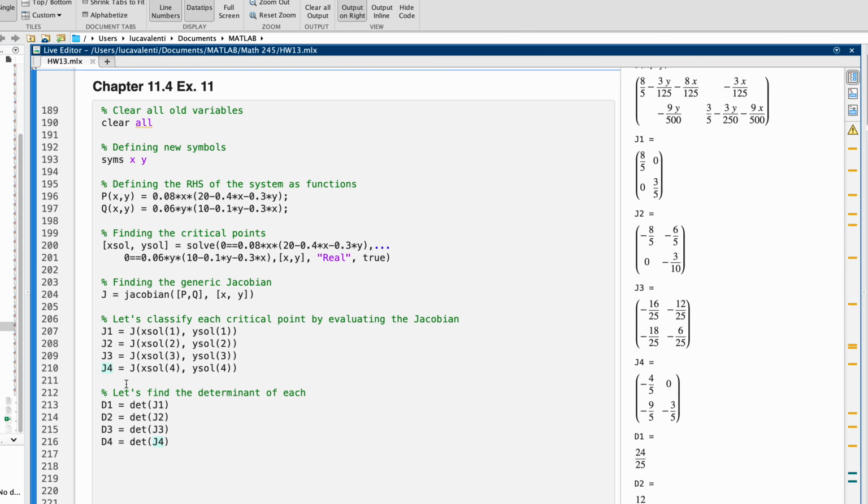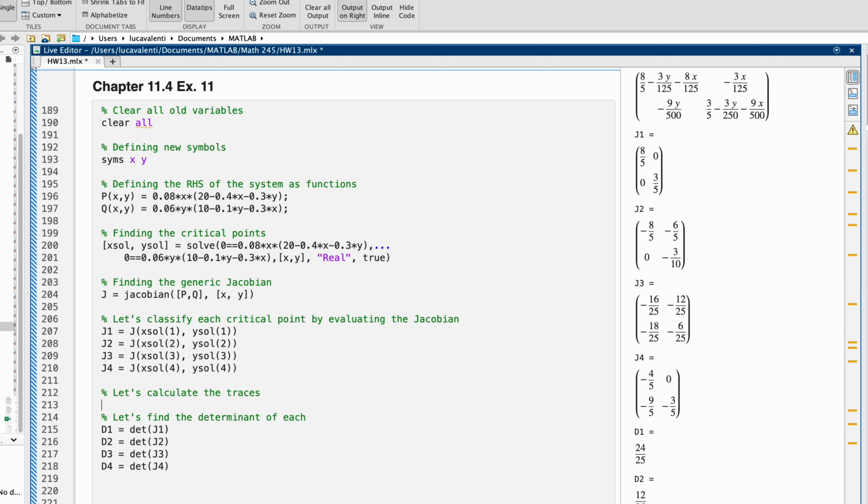So in order to do that, let's also calculate the traces. And if we calculate the traces, how do we indicate this? Well, we have to specify J1 of 1, 1, for example, for this entry, because it's the first row, first column. So to find the traces, we can say T1 is equal to J1 of 1, 1 plus J1 of 2, 2.